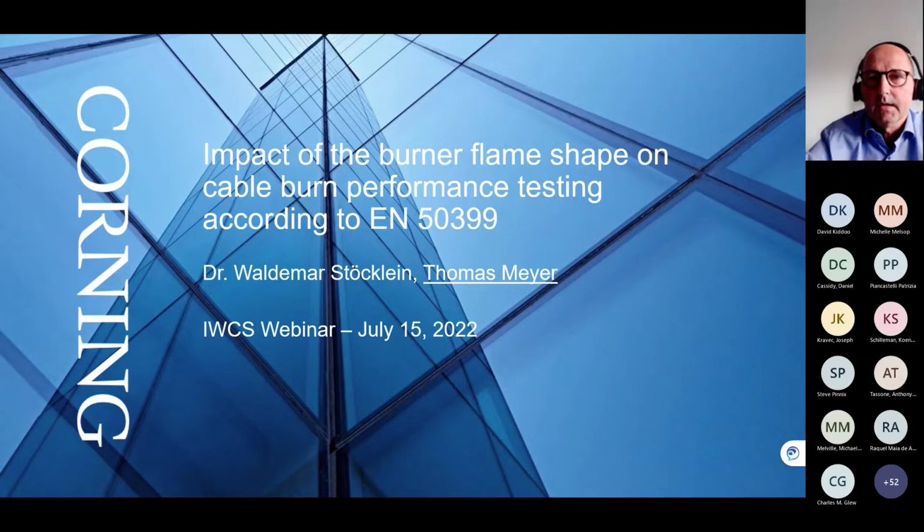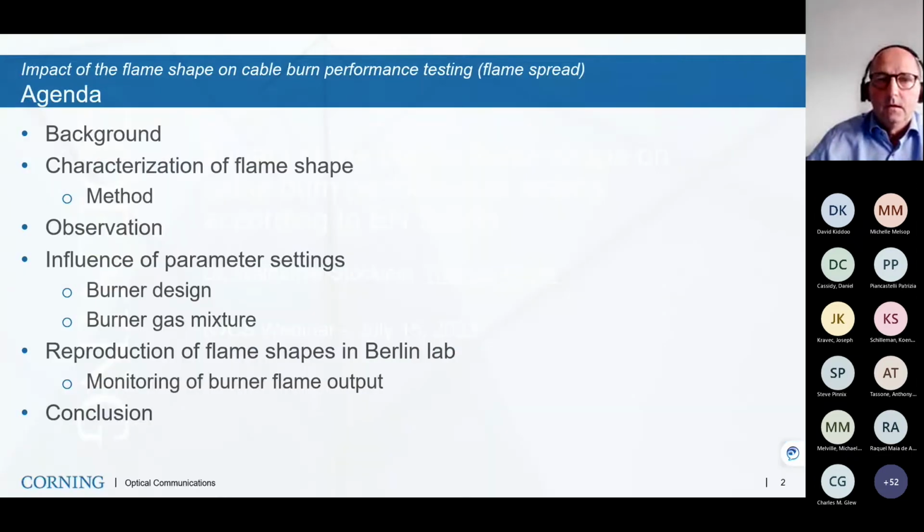Today, I would like to share with you the results of our investigation about the impact of the burner flame shape on the burn performance testing. On the agenda, I will give you a brief background about the execution of the burn testing according to EN 50399. Then I will talk about the method for the characterization of the flame shape. I want to give examples for flame shape variations.